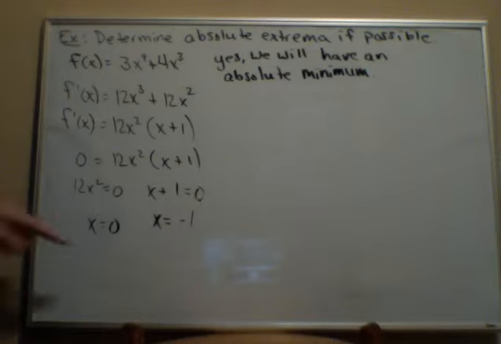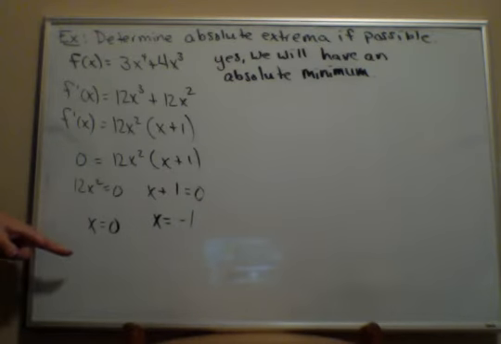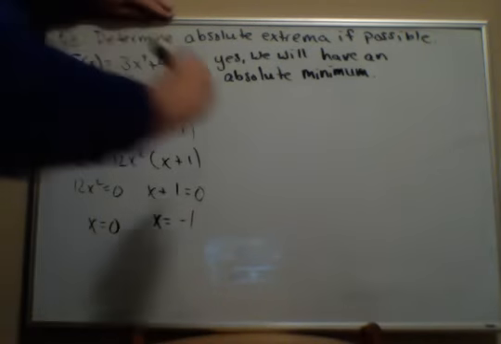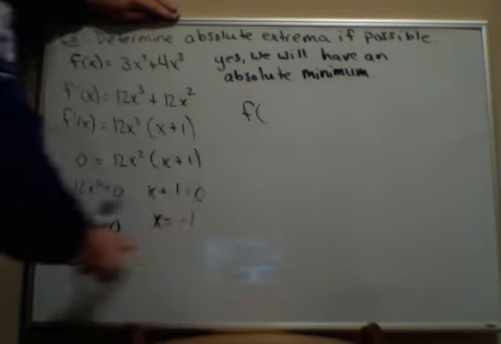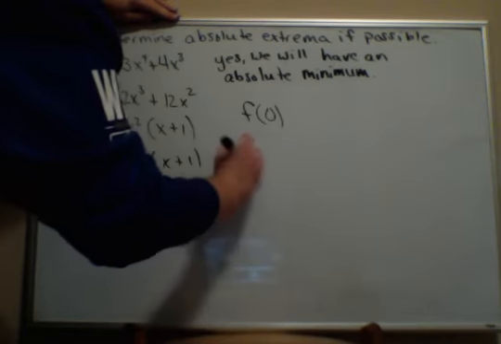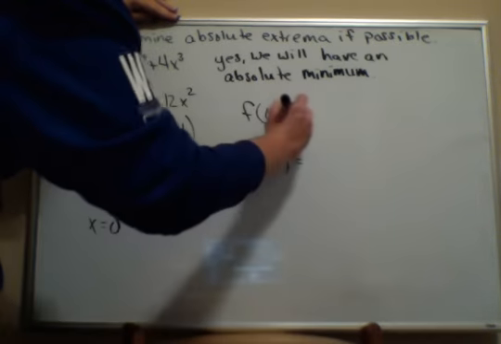So we actually have a couple of turning points in this particular function, and we need to find out which one gives us the absolute minimum. To do that, again, similar to what we did earlier, we're going to go back to the function itself, and we're going to evaluate at both of these values and find out what happens.